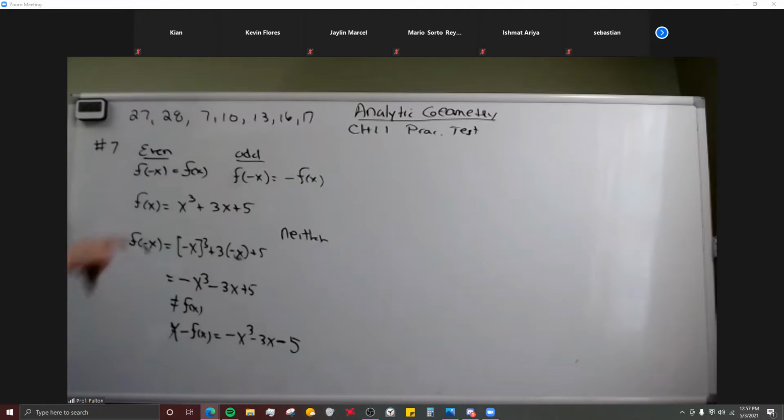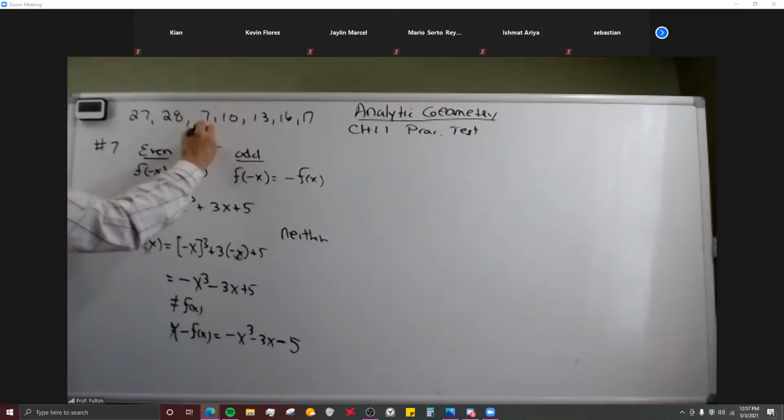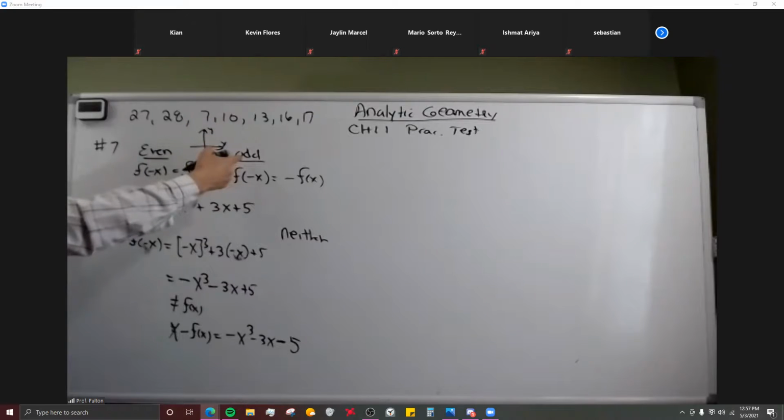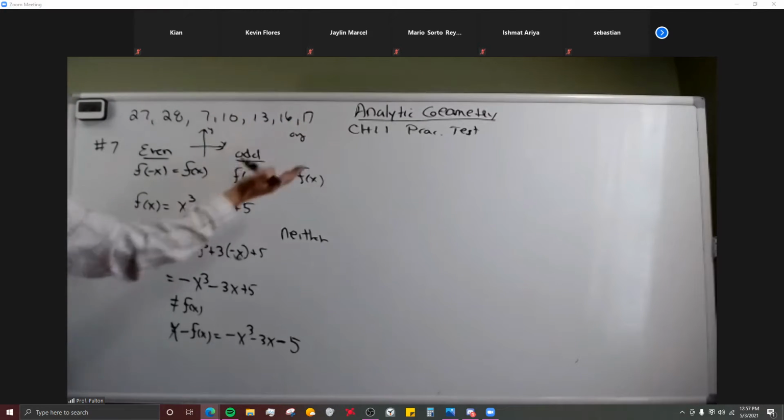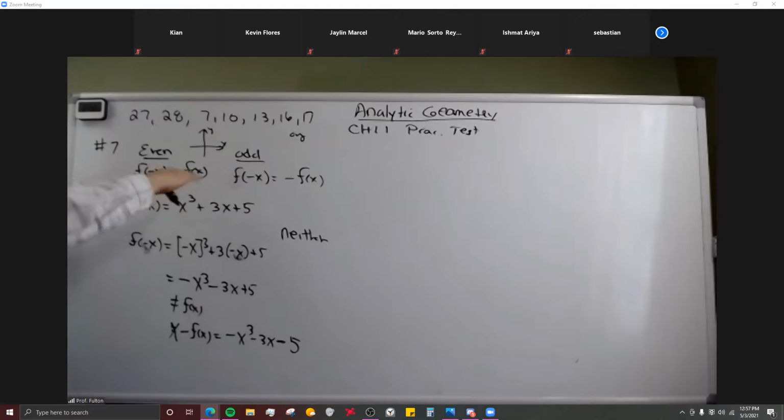These are properties of symmetry. If it's even, it's symmetric with respect to the y-axis. If it's odd, it's symmetric with respect to the origin. Meaning, flip it about the x and flip it about the y, and you get the same thing, or the y and then the x.